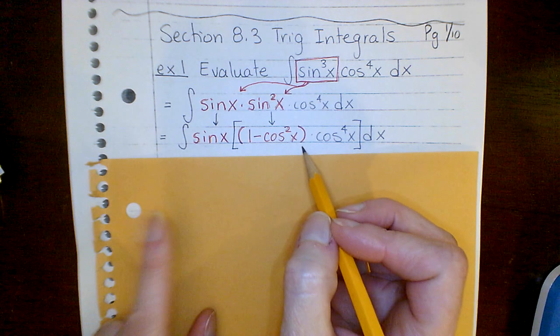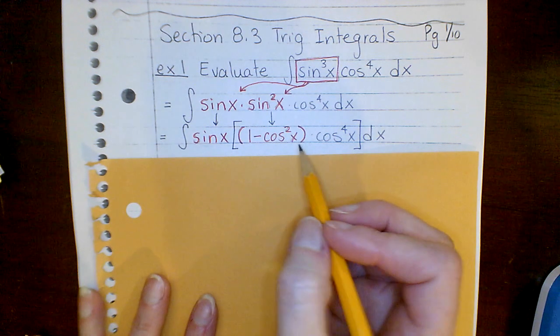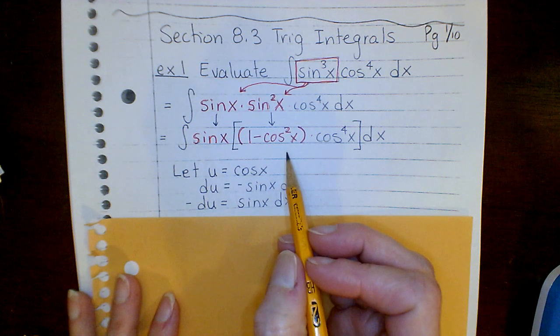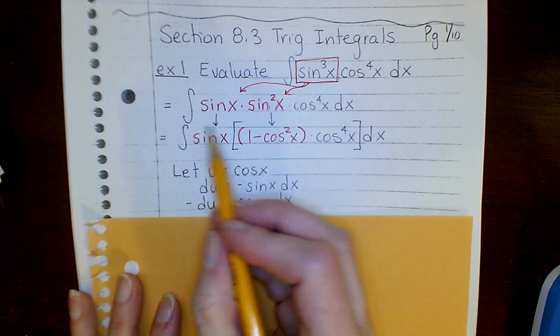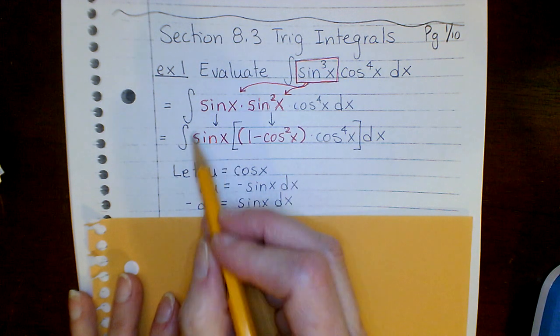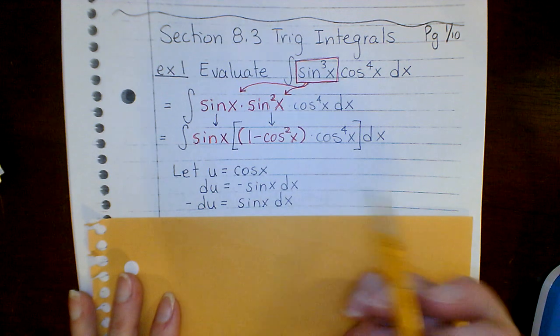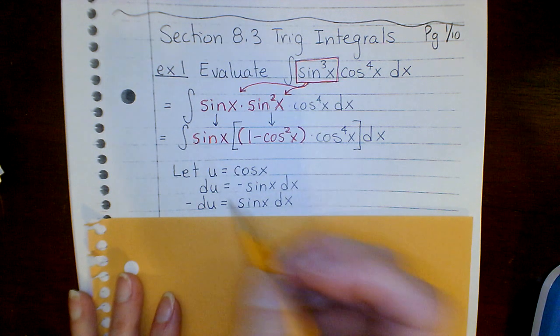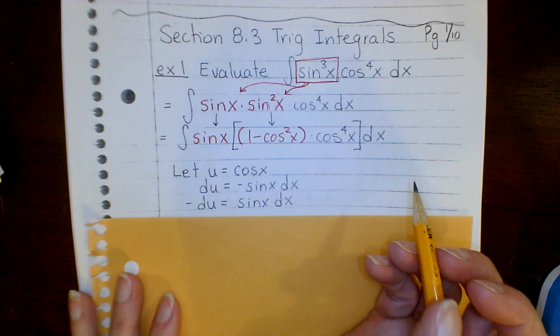The benefit of doing that is that now I can let u be cosine x, and then this extra sine x hanging out here is my du. My du is actually negative sine x, but it gets absorbed into my du.